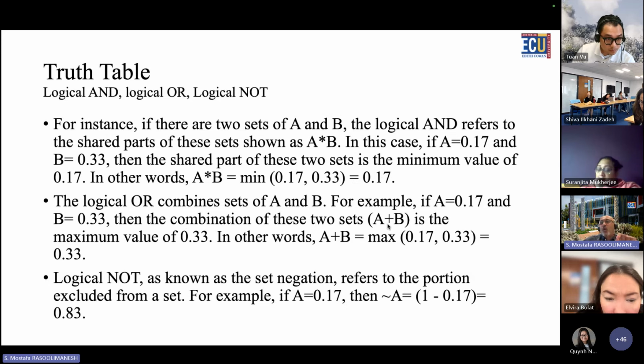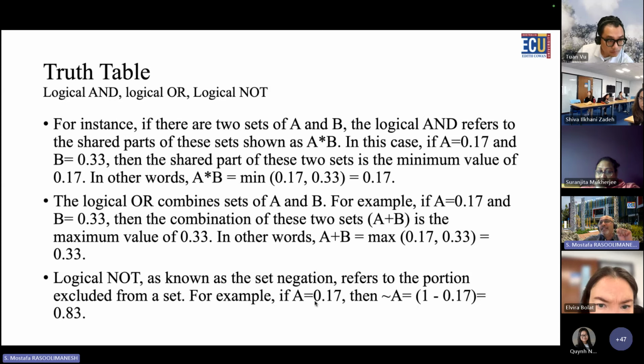And logical OR is the maximum value of the two factors. So if A is again 0.17 and B is 0.33, A or B will be 0.33. And negation will be 1 minus this value.